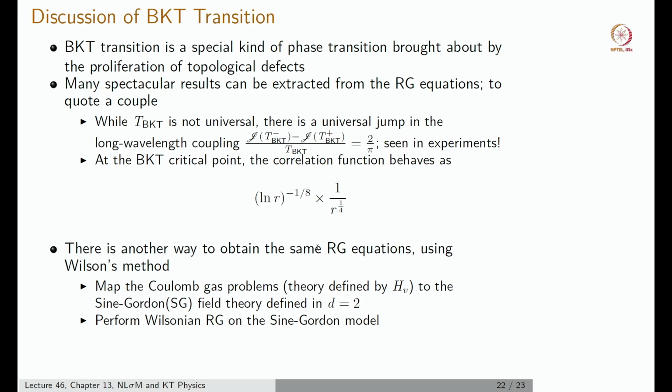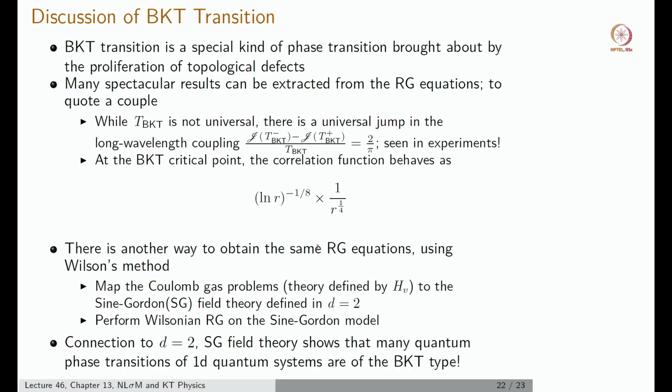After this, you will be able to see a deeper connection if you think a little bit more. You see, this problem we are discussing is in 2 dimensions, and we have also connected it with the 2-dimensional Sine-Gordon model. But the 2-dimensional Sine-Gordon model is actually some thermal or ground state problem of a 1-dimensional quantum problem. So the 1-dimensional quantum problem will map to the 2-dimensional Sine-Gordon model by our D quantum connecting to D+1 classical.